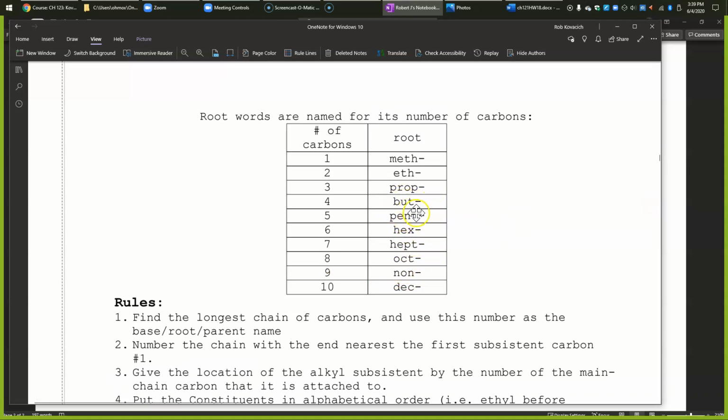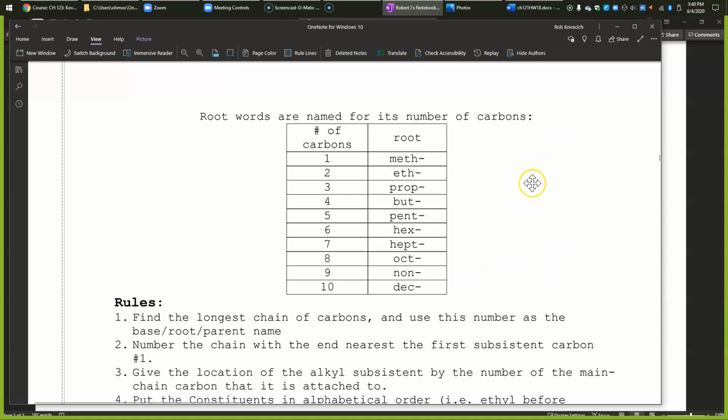You should know pent, hex, hep, oct, non, and dec. The ones you probably don't know are meth, eth, prop, and but. Sorry, I wasn't there when they made these rules, but meth means 1, eth means 2, prop means 3, and but means 4. And then the rest of them are the ones that you already know, like obviously pent is 5, hex is 6, and dec is 10.